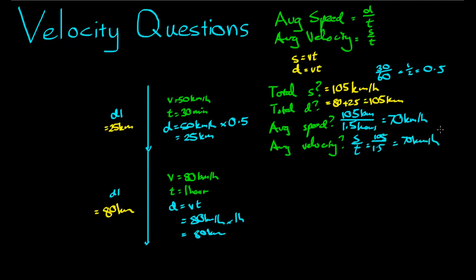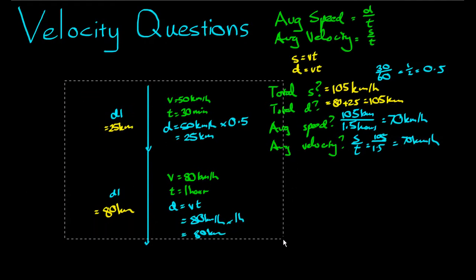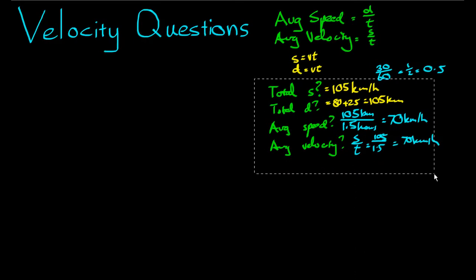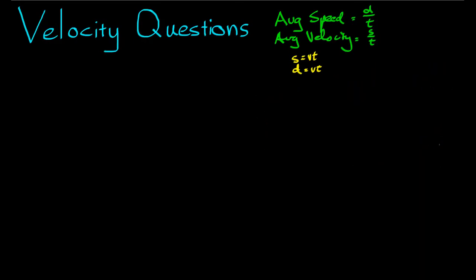There hasn't so far been any difference between displacement and distance, and therefore there hasn't been any difference between speed and velocity. Let's look at a question in which there is a difference between displacement and distance. Okay. In this question, we have Michael travelling at 50 kilometers per hour over a time of 1,800 seconds south.